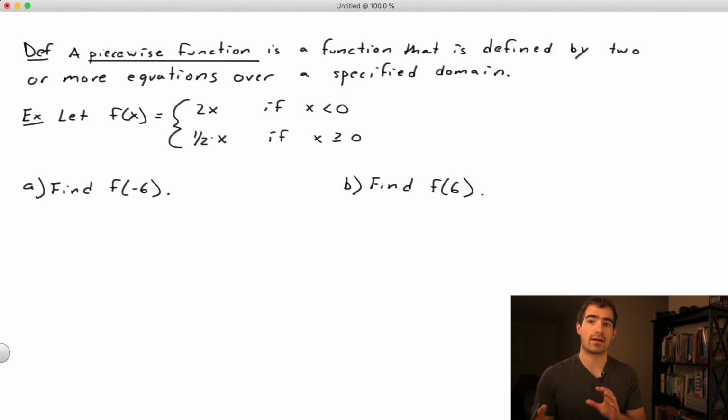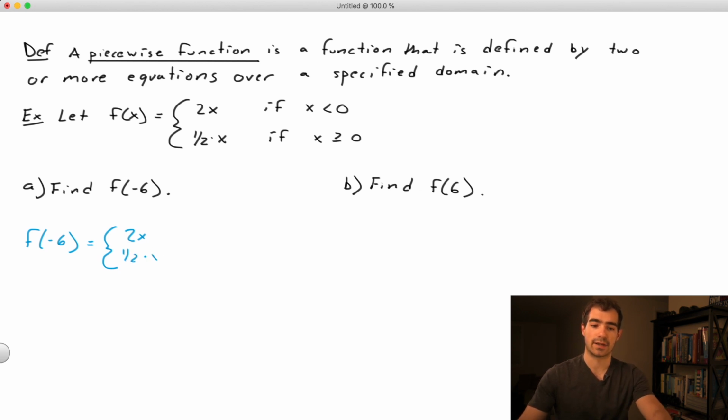So depending on what value we plug into this function will determine what process or what equation we use to get the output. For instance, here we have f of -6, and if we plug -6 into our function, we have to decide: do we evaluate this at 2x or at 1/2 x?